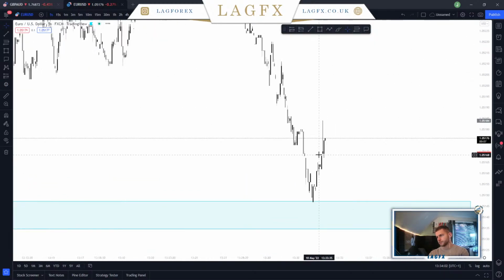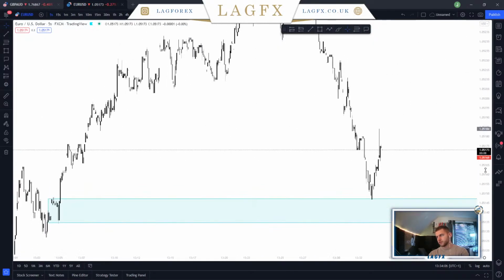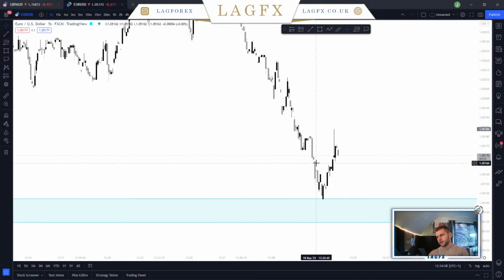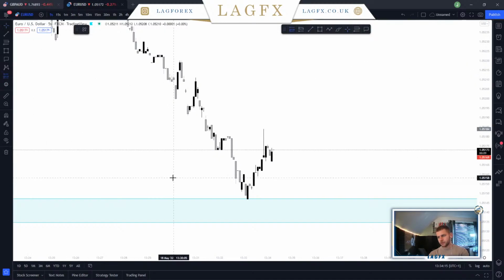It has also delivered us with a potential displacement, so let's see how price reacts if we maybe come back down to tap into somewhere. Could be looking for some long opportunities.